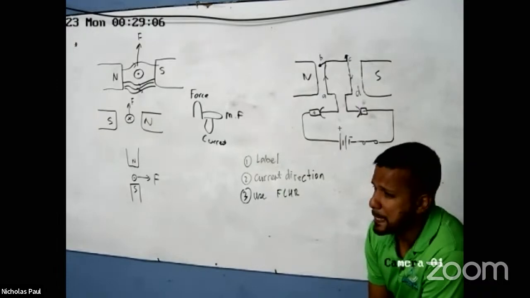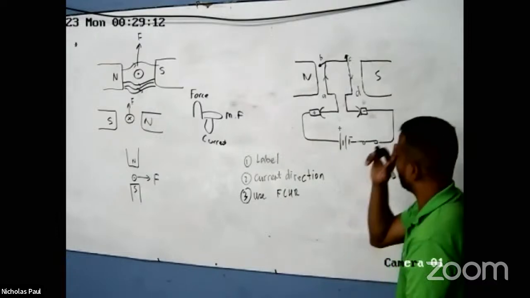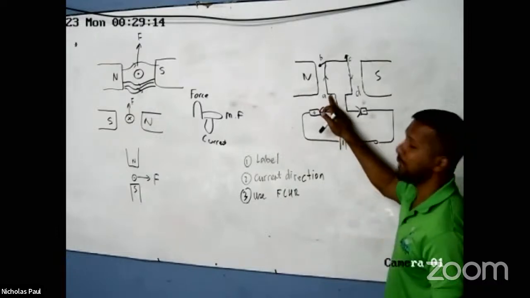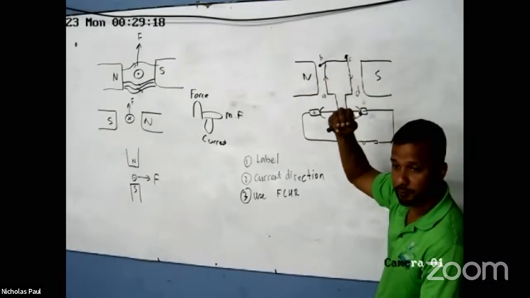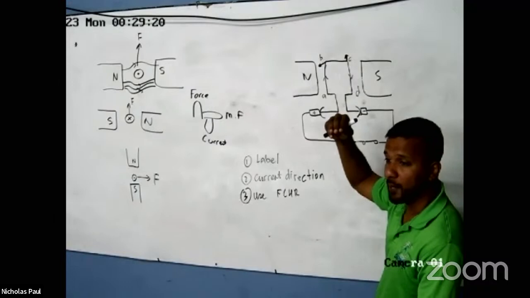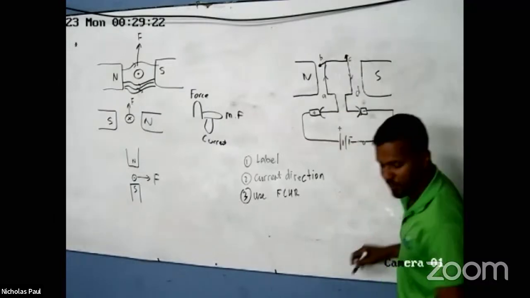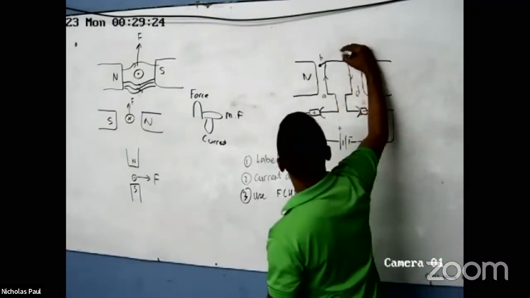So therefore, AB going down, CD coming out. Are you okay with that? So it's moving in one direction.